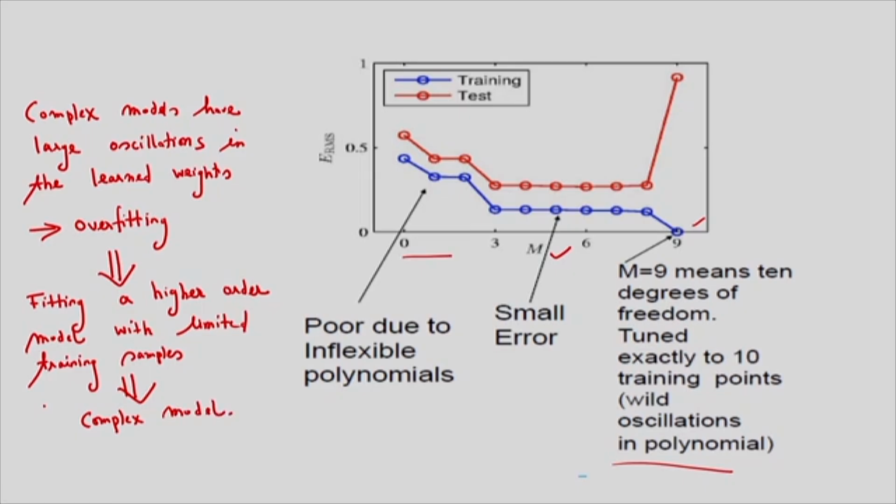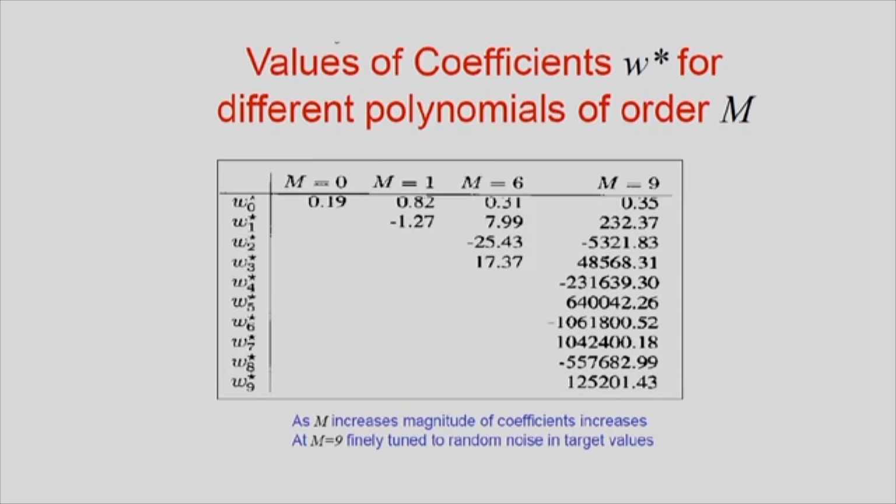So overfitting takes place corresponding to m is equal to 9, and I already told you that oscillations in the polynomial take place. That can be explained in my next slide. Here you see these are the coefficients, coefficients in the polynomial fitting, and for different polynomial orders we are considering m is equal to 0, m is equal to 1, m is equal to 6, m is equal to 9.